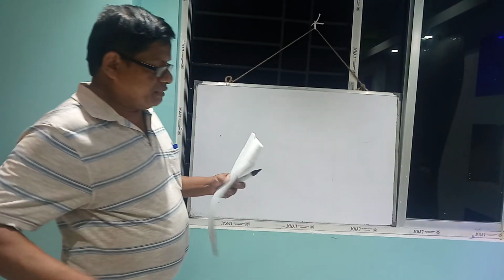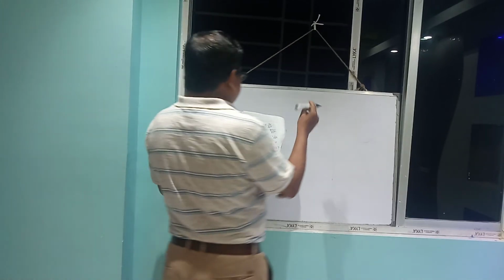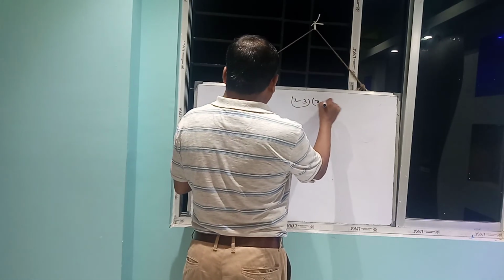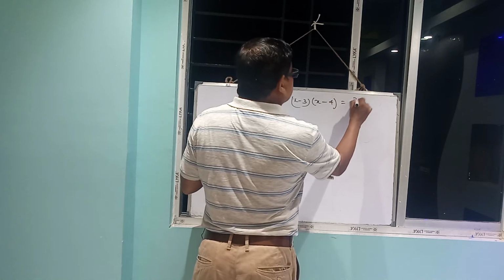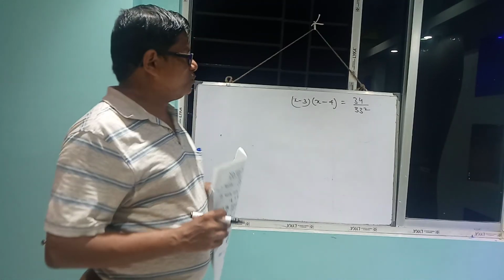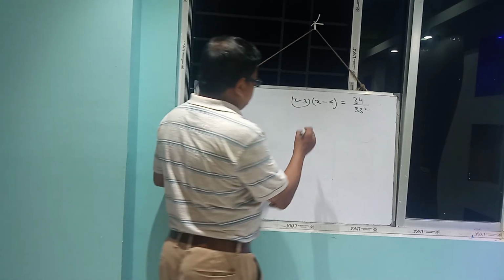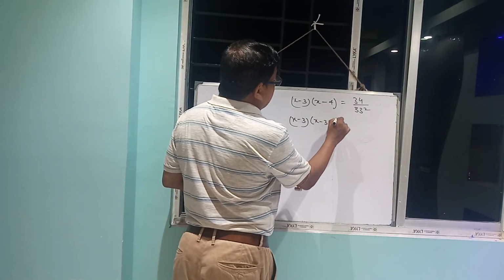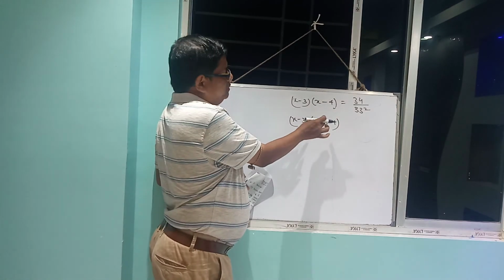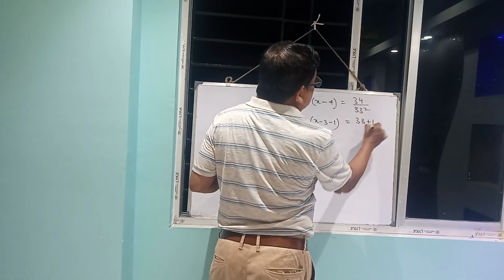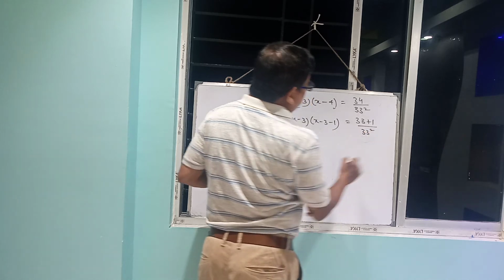See, I'm saying this sum. (x minus 3) (x minus 4) equal to 34 by 33 square. I am saying an alternate process, okay? See, right. This is (x minus 3) minus 1, and minus 4 is there, so (x minus 3) minus 1. So this, right, 33 plus 1 by 33 square.